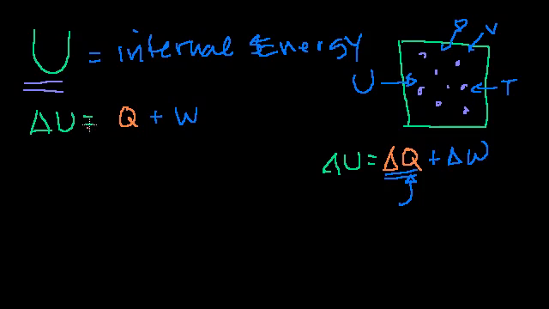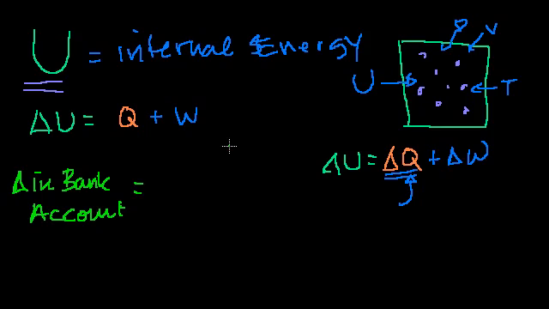A way to think about it is, if internal energy is your bank account, you could say change in bank account. It really is like the energy bank account of a system. If you have a change in a bank account, you had some deposits or withdrawals.